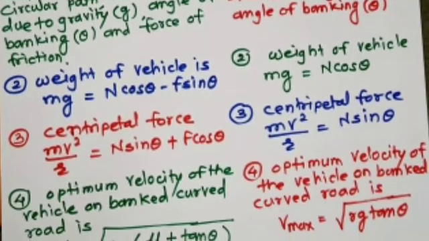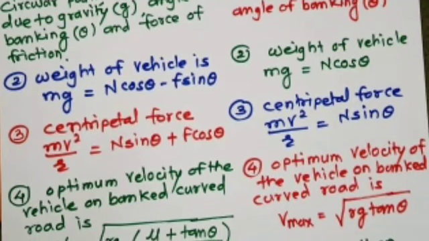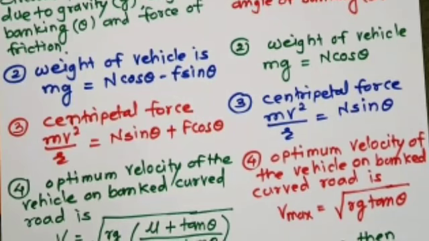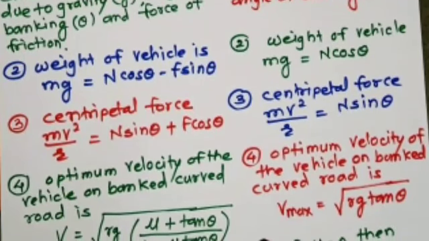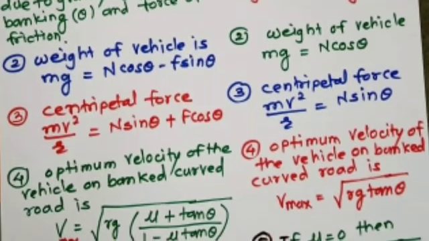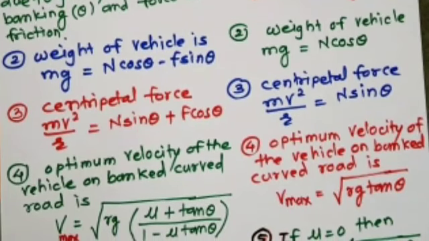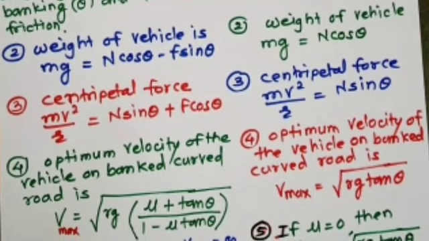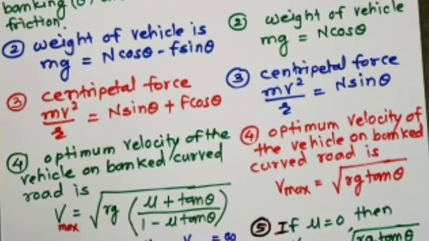The fourth point can be seen. The optimum velocity of a vehicle on a banked curved road, with friction, is V maximum equal to square root of Rg in brackets mu plus tan theta upon 1 minus mu tan theta, bracket close.